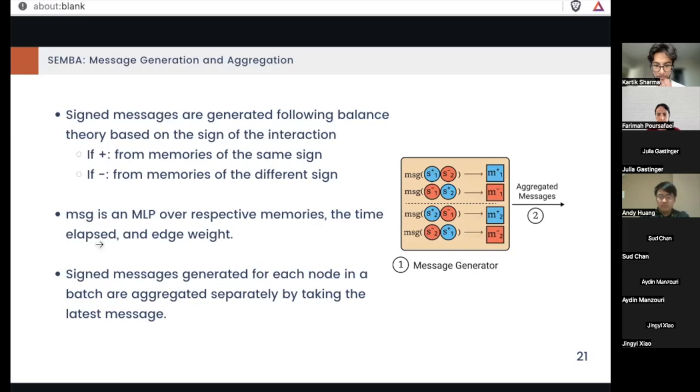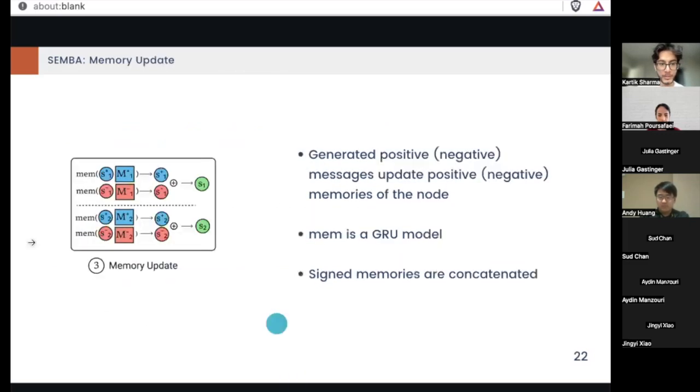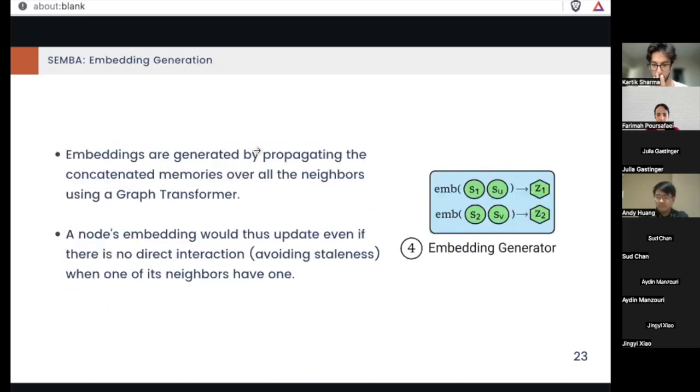All right. I guess we are short on time, so quickly, the next component is that once these messages are aggregated, we update the memories using this GRU layer, as is done in TGN as well. Finally, for the embedding generation, we have talked about this already.